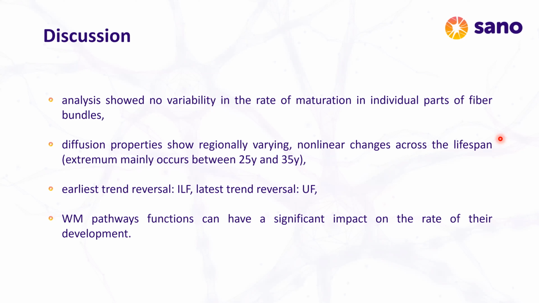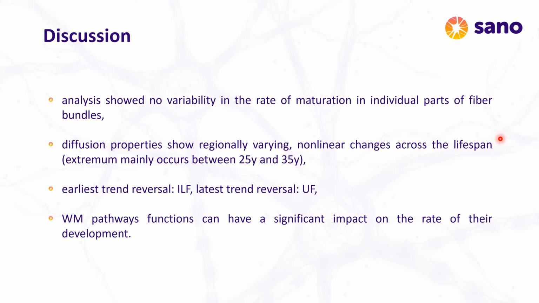Analysis of the main fiber bundles showed regionally differentiated nonlinear trajectories of parameter changes, the extremum of which mainly occurs between 25 and 35 years. The inferior longitudinal fascicle shows the earliest, and the uncinate fascicle the latest turning point, and it can be connected with their functions.